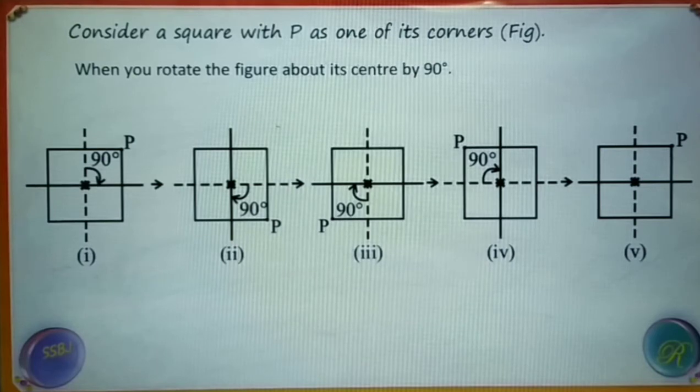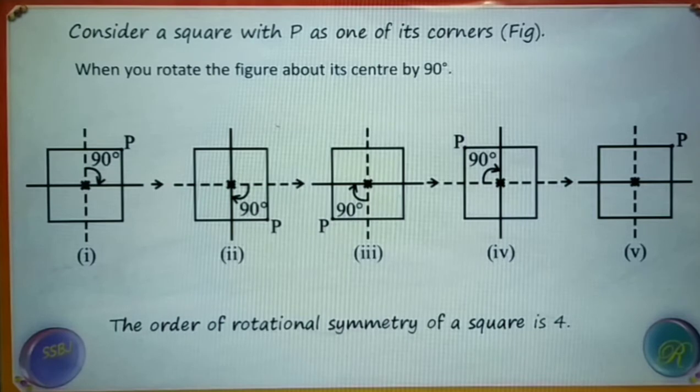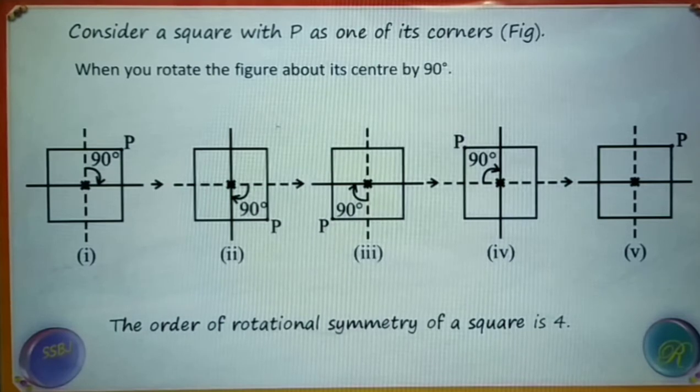When you rotate the figure about its center by 90 degrees, which you can see in the figure, then the order of rotational symmetry of a square is 4.